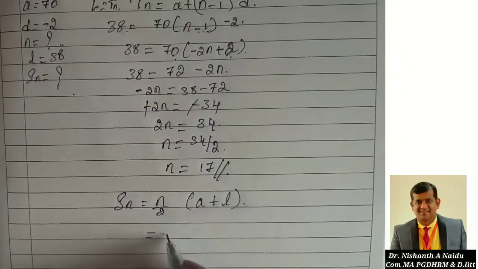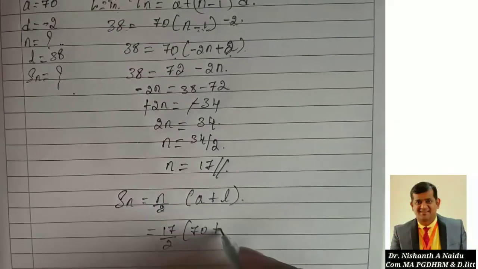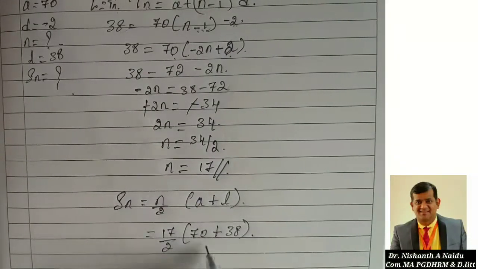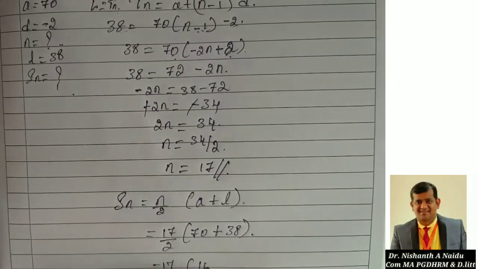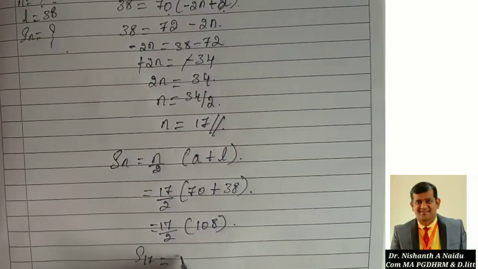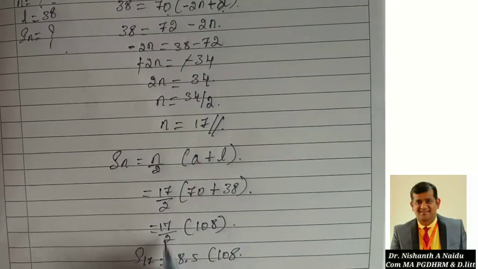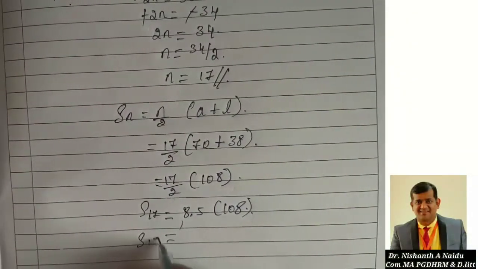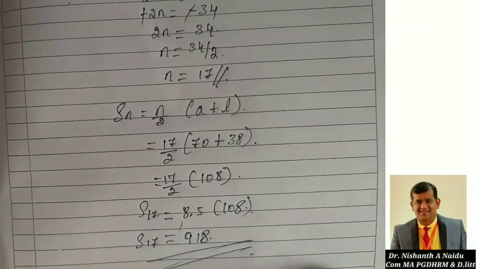We don't know Sn. n we know is 17 divided by 2, A is 70 plus the last number L, 38. 70 plus 38 is 108. 17 by 2 is 8.5. So 8.5 into 108 gives 918. This is the answer for this particular problem.